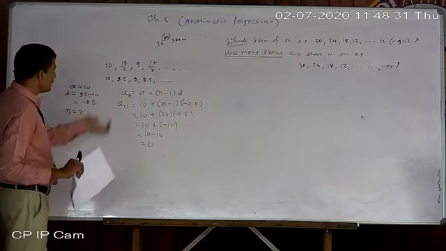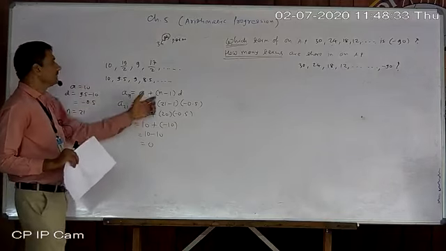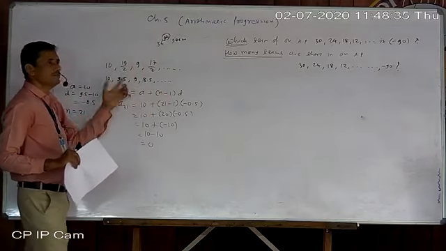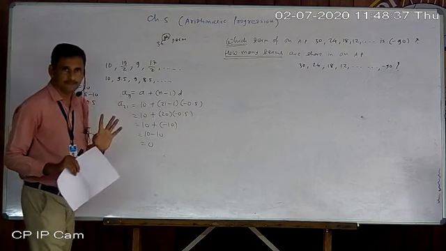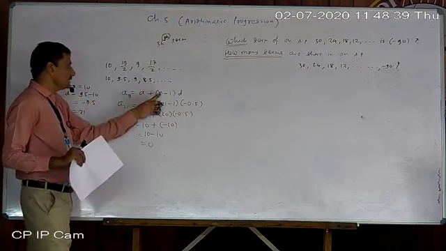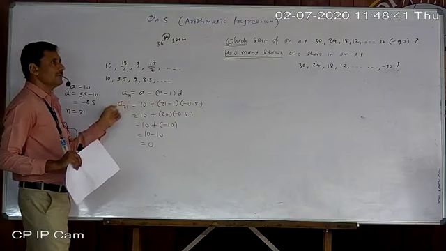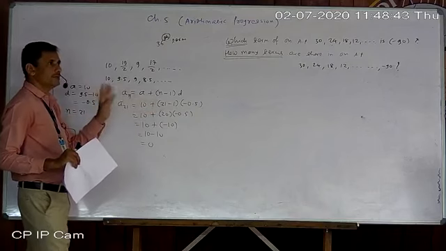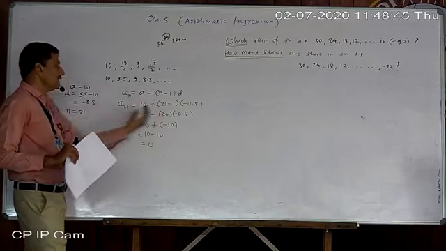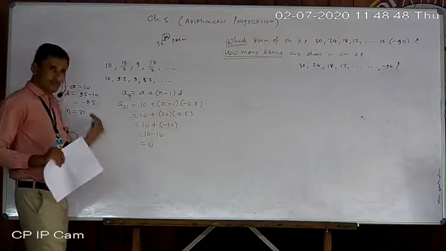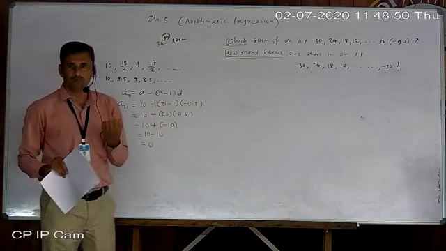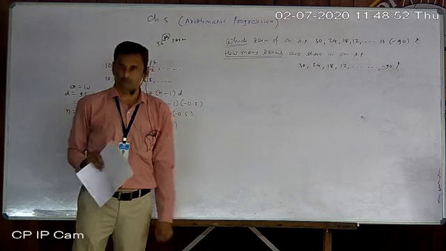Now how can it be used? A and D are always given if the arithmetic progression itself is given. If N is given, you can find AN. If AN is given, you can find N. But finding N is quite a different way. In that one, you have to shift particular terms and make N the subject, and at that time you have to be careful.